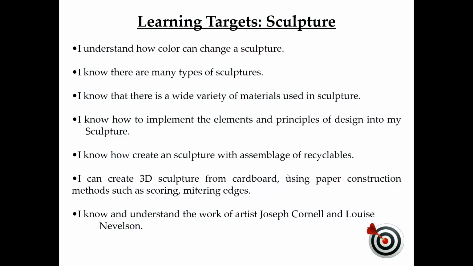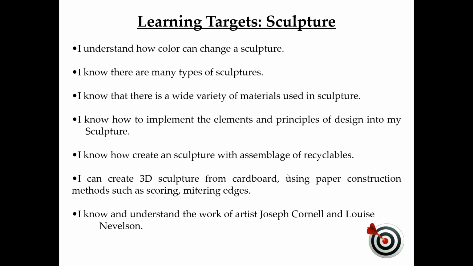So with this project, here are our learning targets. If we noticed and we looked at Joseph Cornell's pieces versus Louise Nevelson, we can see how color can affect or change a sculpture. We know that there are many types of sculptures. You know that there are a wide variety of materials used in sculptures.